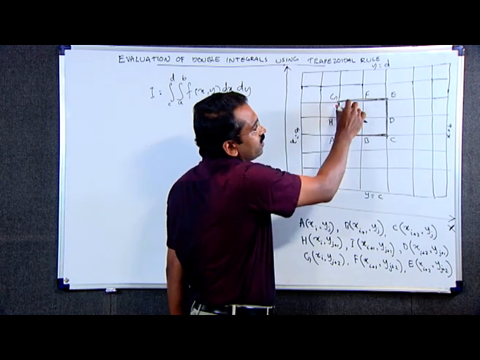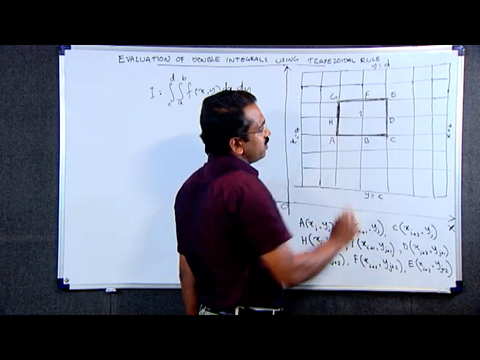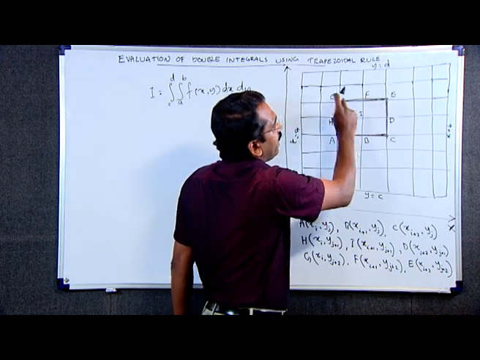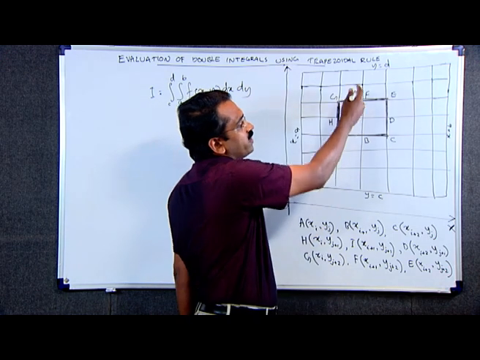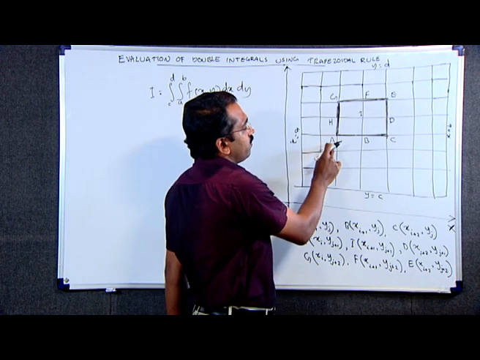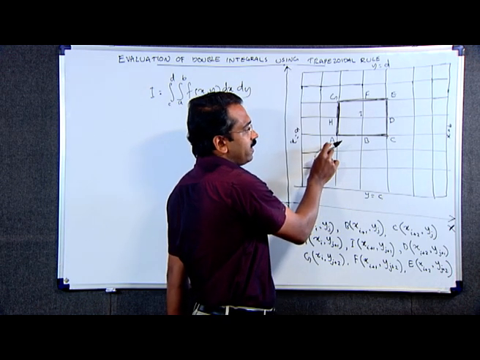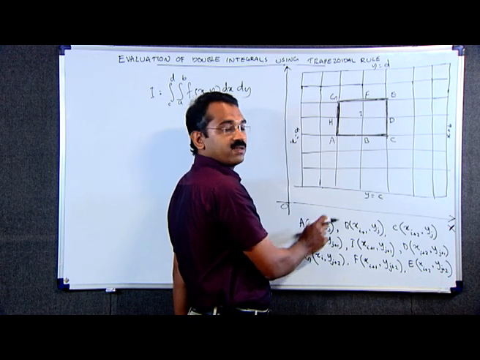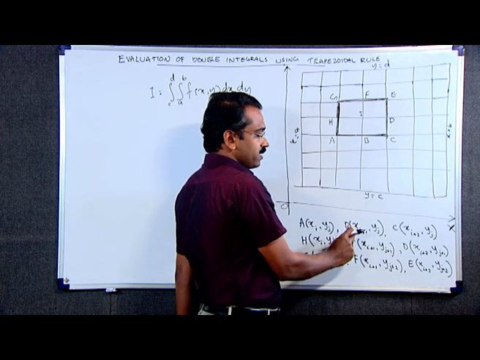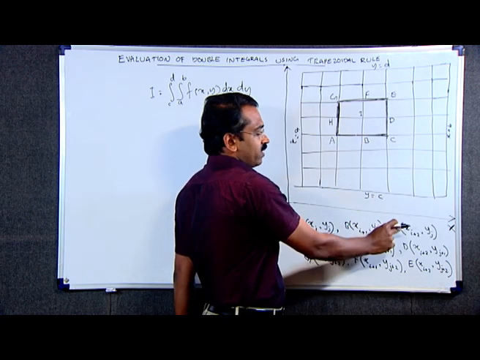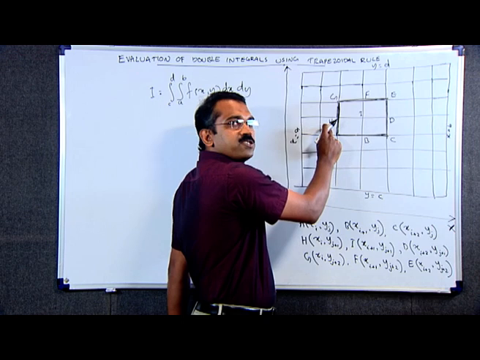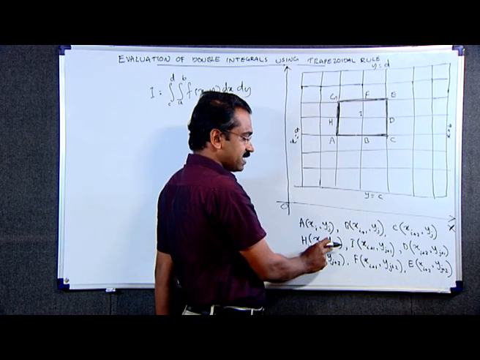Here, consider these four rectangles whose corner points are A, C, E and G, and we split this region into smaller rectangles. Let this point A be taken as (xi, yj), B be the point (xi+1, yj), C be the point (xi+2, yj), H be the point (xi, yj+1).